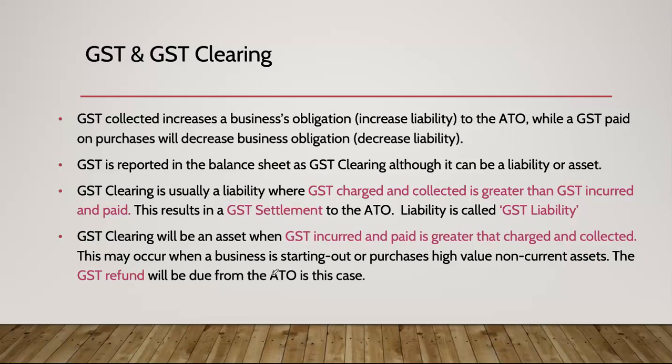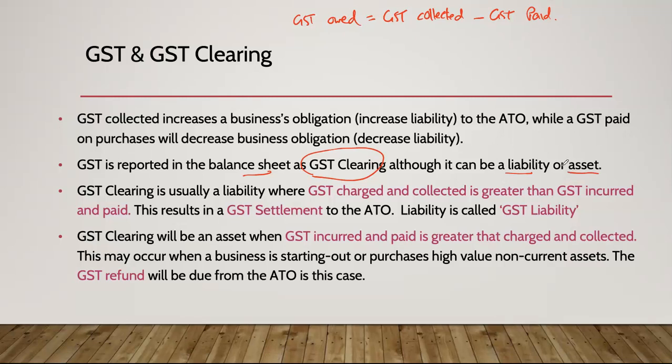And this means that we have to keep track, and ultimately we need to work out how much we owe to the government. What we owe to the government, GST owed, equals GST collected minus GST paid. We record this in an account called GST clearing, and it can either be a liability or an asset.